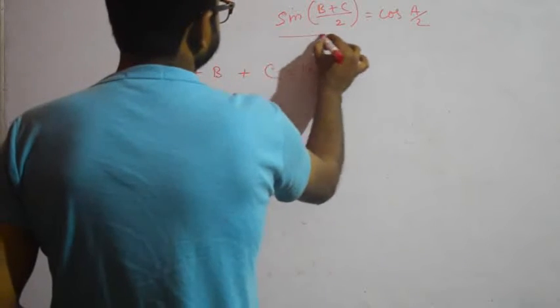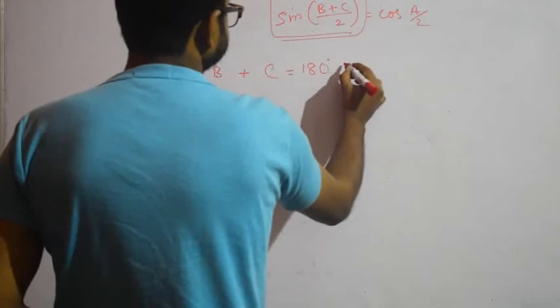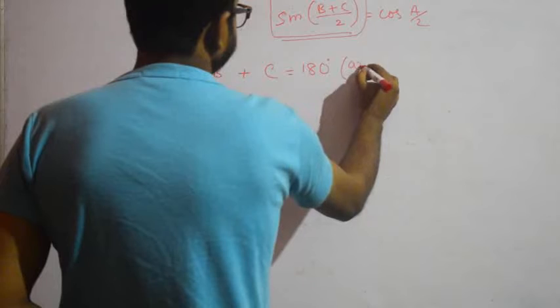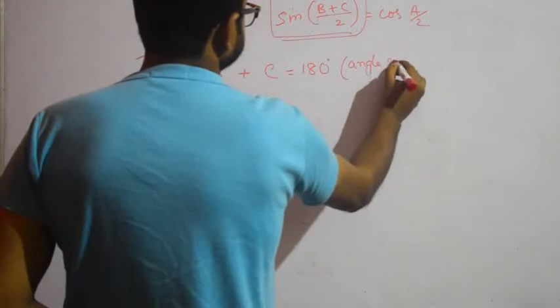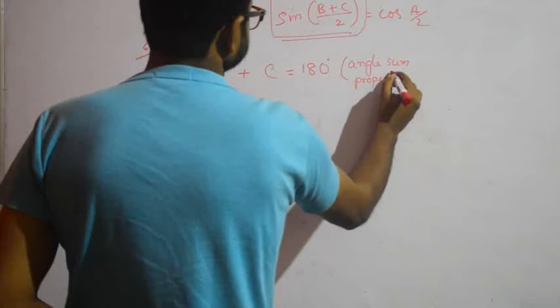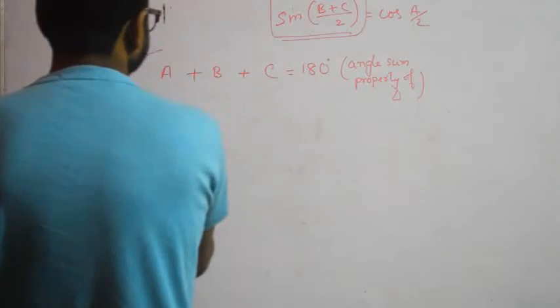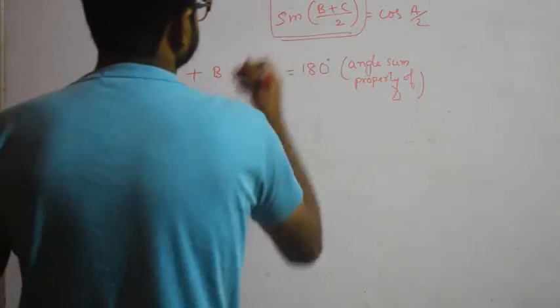I will keep an eye on the left hand side of the question. This is because of the angle sum property of a triangle. Now let us bring the left hand side.